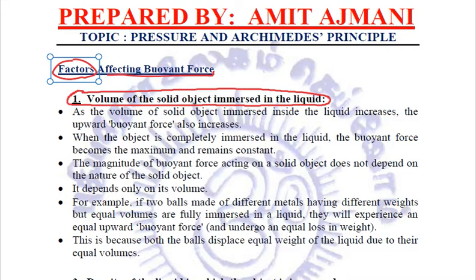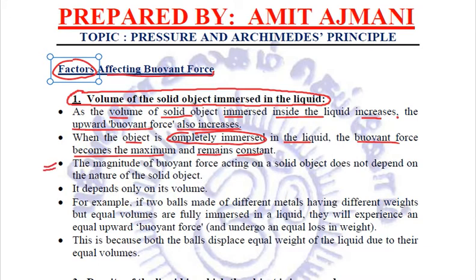That means as the volume of the solid object immersed inside the liquid increases, the upward buoyant force also increases. Hence, they are directly proportional. When an object is completely immersed in the liquid, this buoyant force becomes maximum, and after that it remains constant.